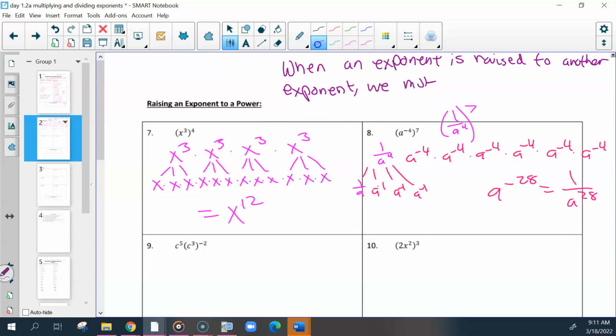I think we also do that for the base. No, you keep the base. We're multiplying the exponents together. The only thing that would change with the base is if it were an actual number, and we'll see that here in a second.